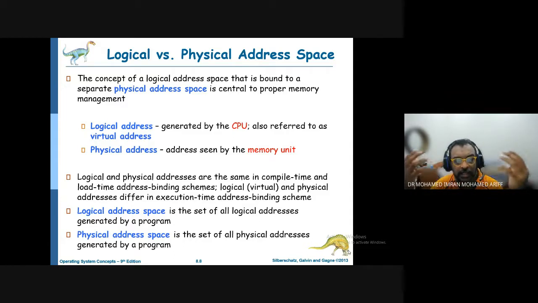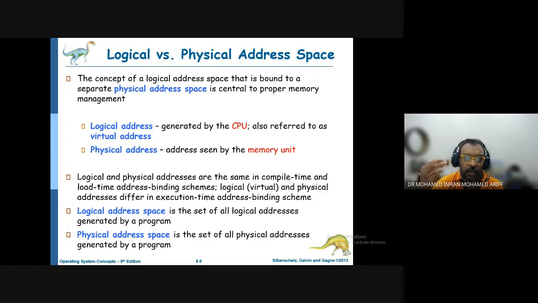So where is this physical address located? This physical address is located inside the main memory. What is main memory? It's the RAM, right? So remember, logical address equals CPU, and physical address equals RAM, or your memory. Logical address is generated by the CPU, and physical address is generated by the memory.